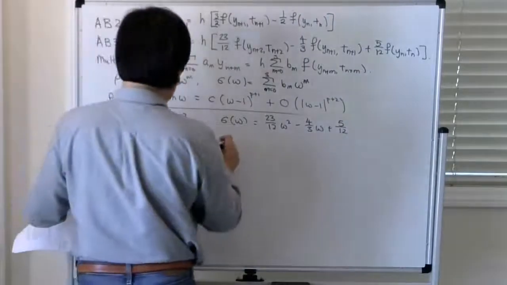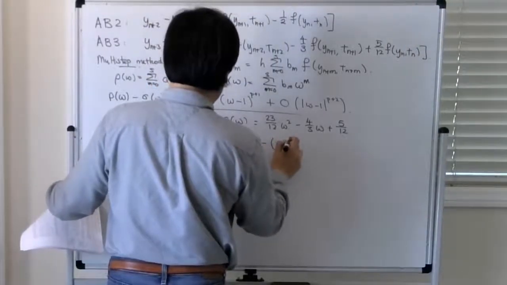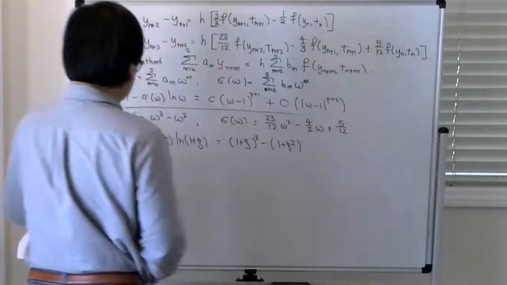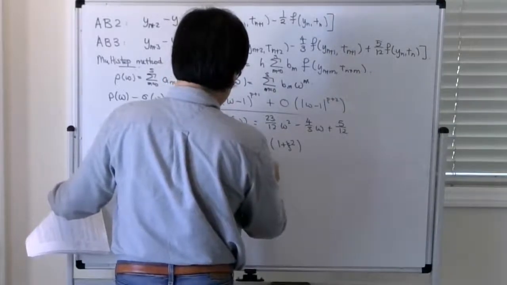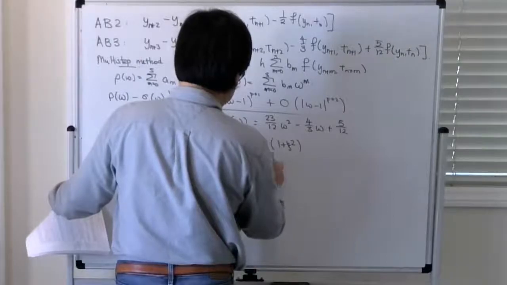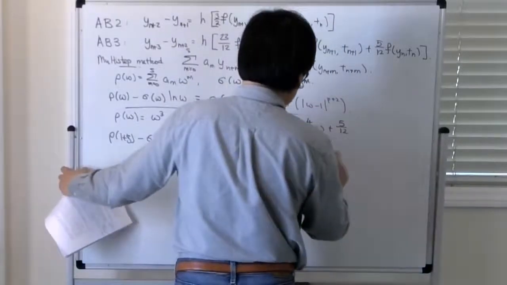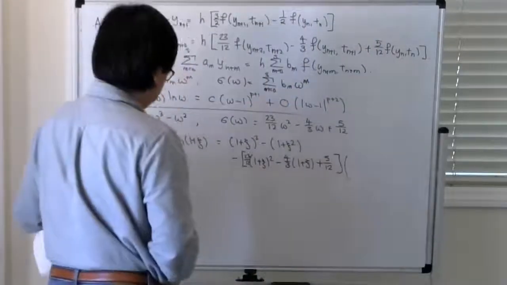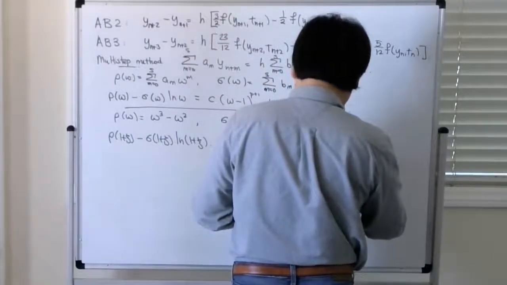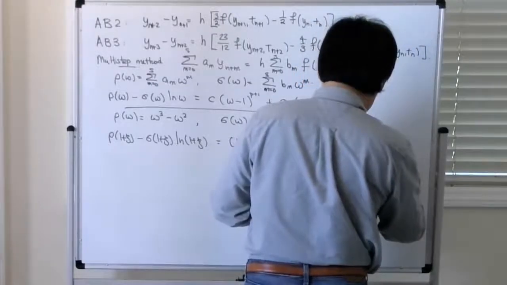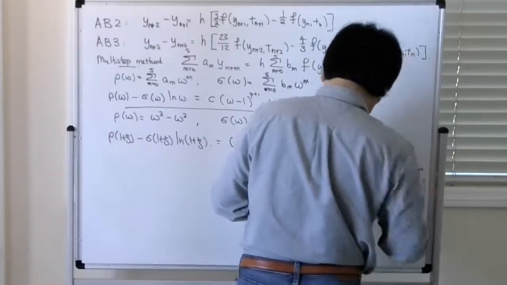Okay, so this is (1 plus c) cubed minus (1 plus c) squared minus (23/12 (1 plus c) squared minus 4/3 (1 plus c) plus 5/12) multiplied into the series expansion for the natural log of 1 plus c, which is again c minus 1/2 c squared plus 1/3 c cubed minus 1/4 c to the 4th plus higher order terms.